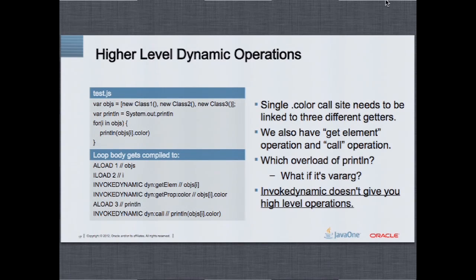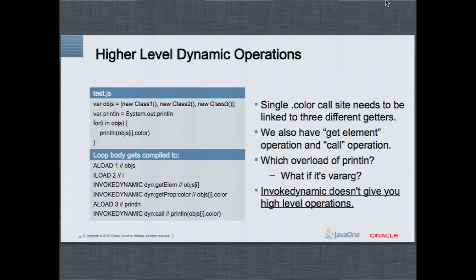So your loop body, what it gets compiled to is, and we want to concentrate on this line, there are some other things, as in you can dynamically invoke the println function, and you have the dynamic retrieval of the indexed element of a collection as well. But here, this call site needs to be linked to 3 different getters. It needs to be able to dispatch to 3 different getters as those objects are encountered, transparently.